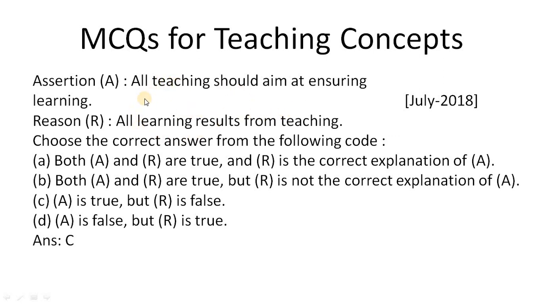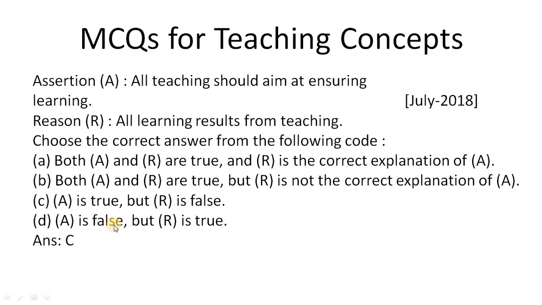We can experience something without teaching. We can get knowledge from any other sources without teaching. So this can be possible. That's why the reason is wrong. So only one option has the reason wrong, that is C. So obviously our answer will be C.